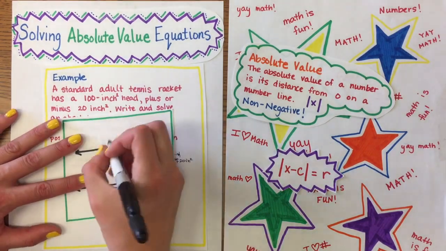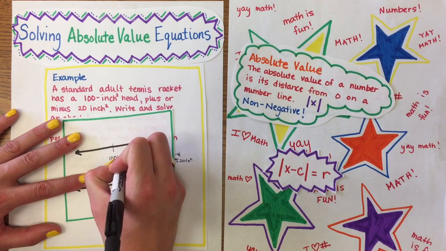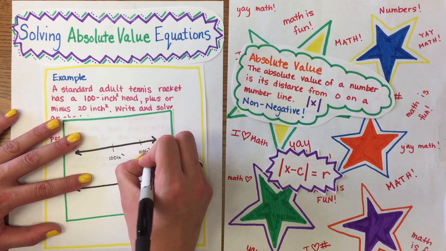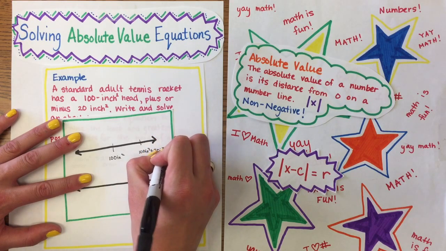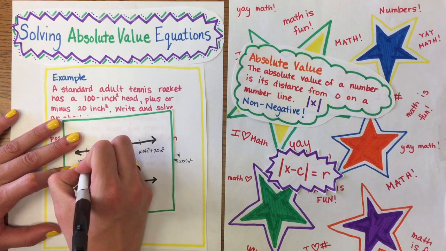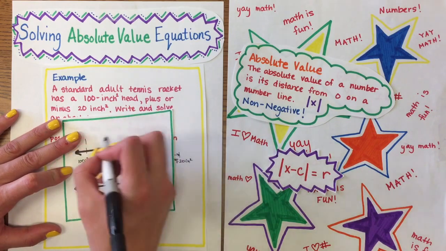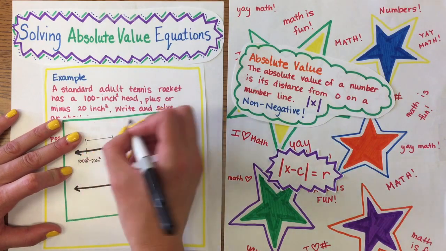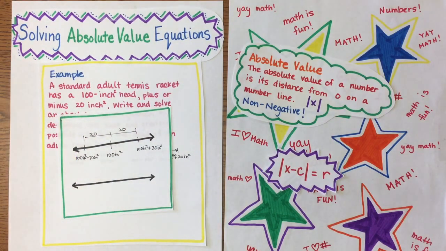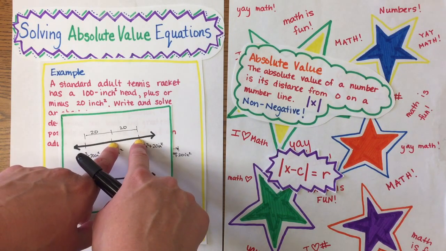If I look at my number line here, I have my 100 square inches, and this is 100 square inches plus 20 square inches, and this is 100 square inches minus 20 square inches. This is 20 and this is 20. So the absolute value of this difference is 20.